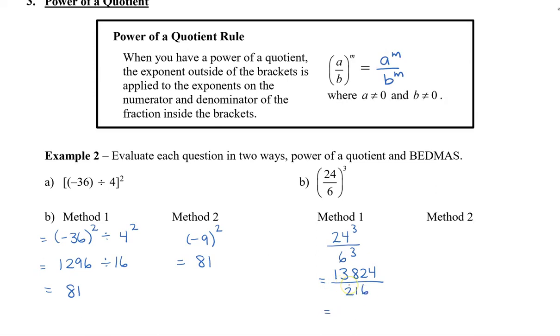And actually 216 does go into 13,824, 64 times. So method 2 is to do the order of operations. So we'll actually do the division first. So 24 divided by 6 is 4. And then we have our power of 3. And 4 cubed we can do in our head, and that's 64.